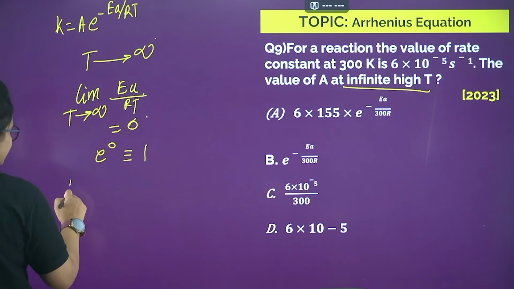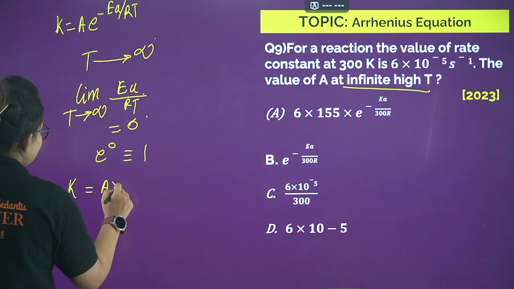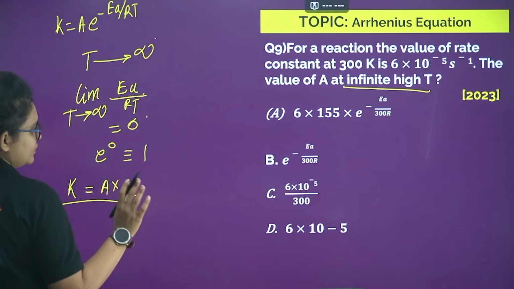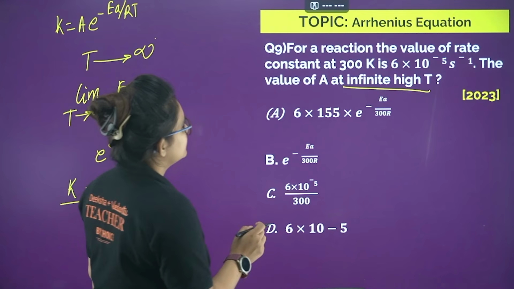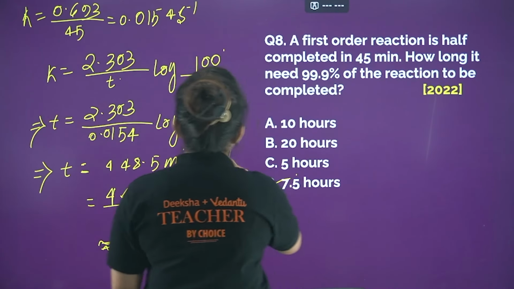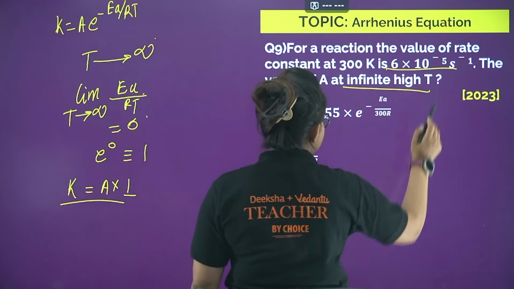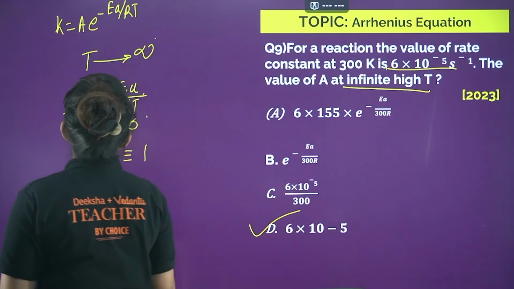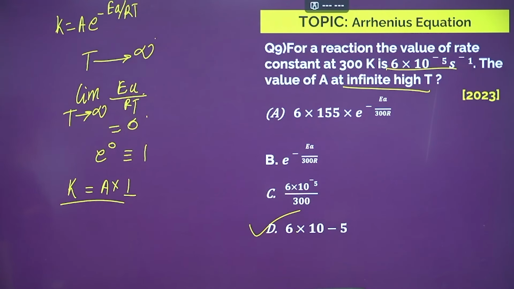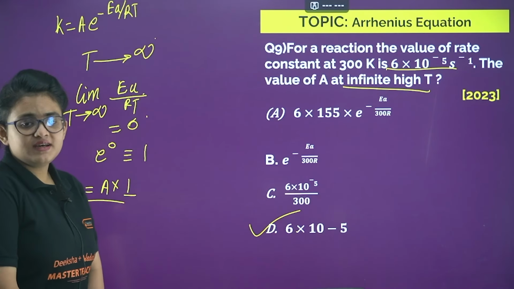So problem sorted. k equals A into 1, hence k and A values are the same. What is the value of k? 6 into 10 power minus 5. So this is going to be the answer. I guess you understood. Let's proceed for the next one.